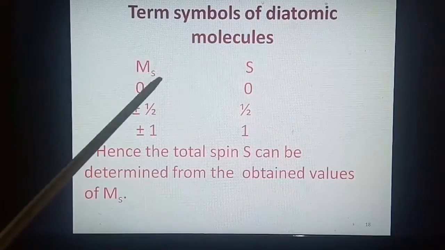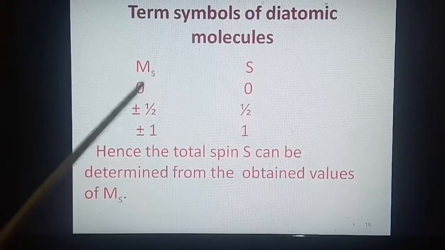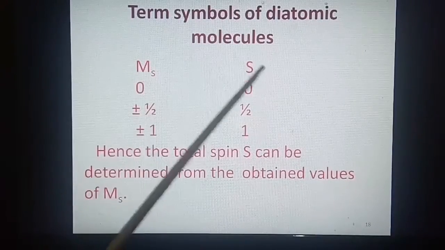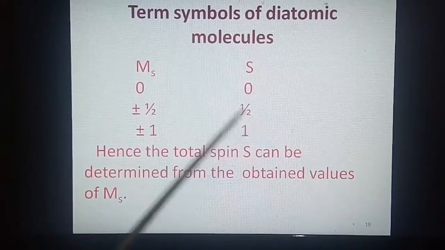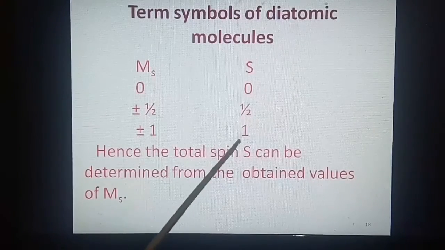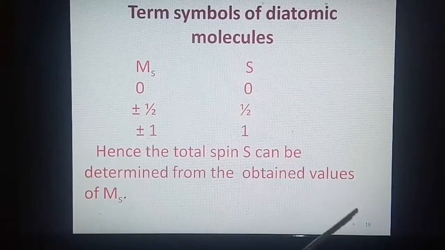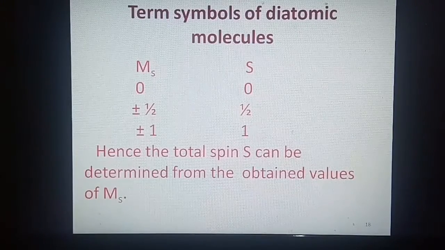Now if M_S is equal to 0, then S will be 0. If M_S is equal to plus or minus half, it is taken as half only. If M_S is equal to plus or minus 1, then 1 is taken here. Hence the total spin S can be determined from the obtained values of M_S.